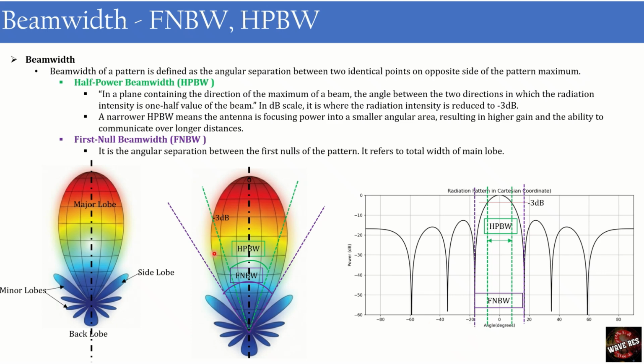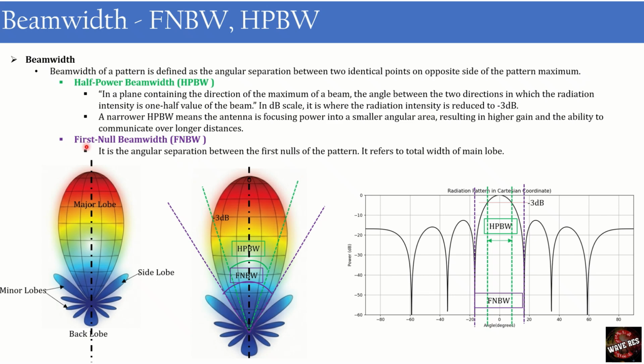If we have a very narrow half power beam width, it means that most of the power is concentrated into the major lobe, and it will have high gain and can be used for longer distance point to point communication. That is the indication of half power beam width. It tells us whether it is a high gain antenna or not.